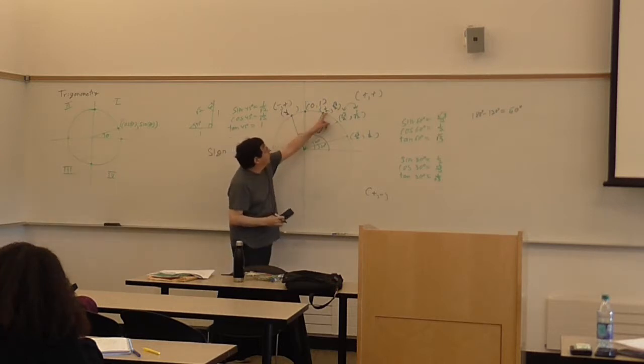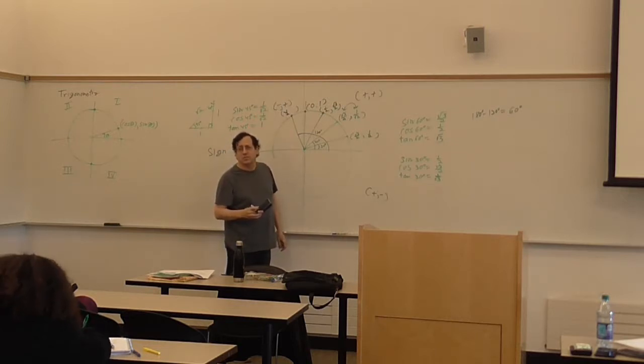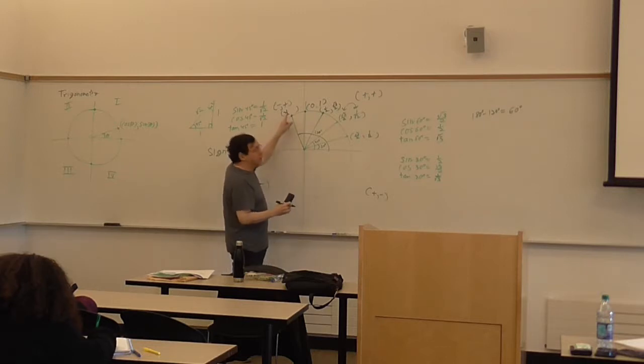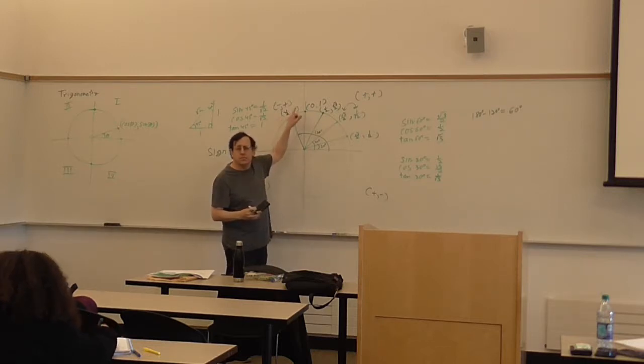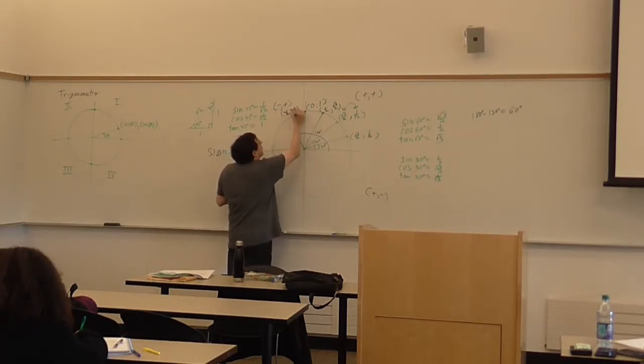It's the same as this point, 1/2, but now cosines are negative. Okay. Ashley. Positive. Square root of 3 over 2.